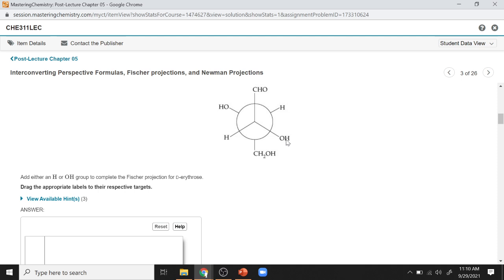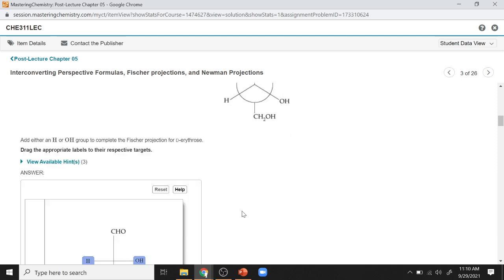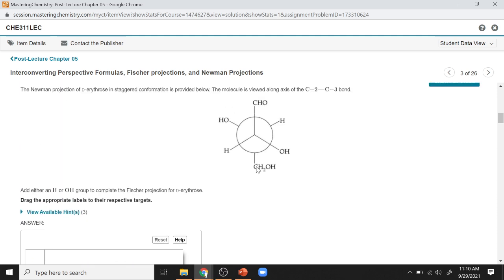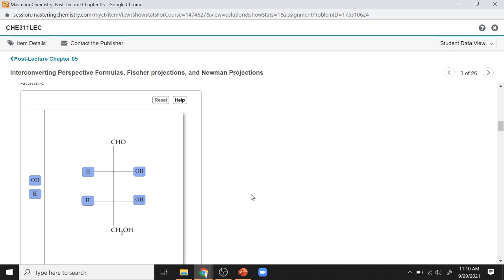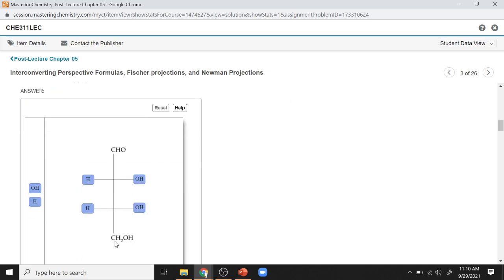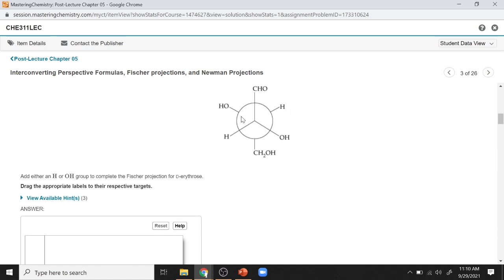I did that one first because it's easiest. And then for the next one, we have our CH2OH on the bottom, and that's still going to have to line up to the bottom. That's no problem. But how do I assign where these are?